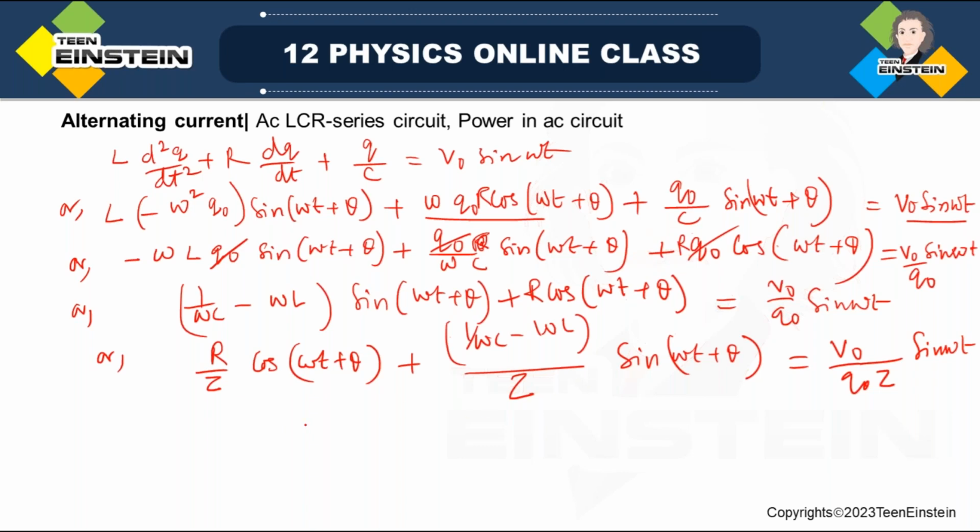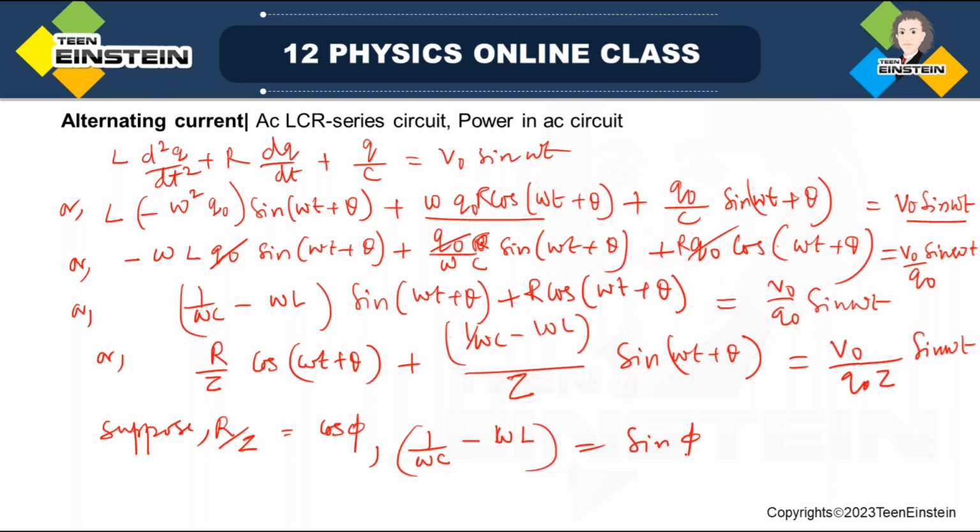Now I have to solve it in terms of either cos or sine. So I'll be using a trigonometric identity, taking this R by Z as cos phi and 1 over omega C minus omega L as, suppose, sine phi.